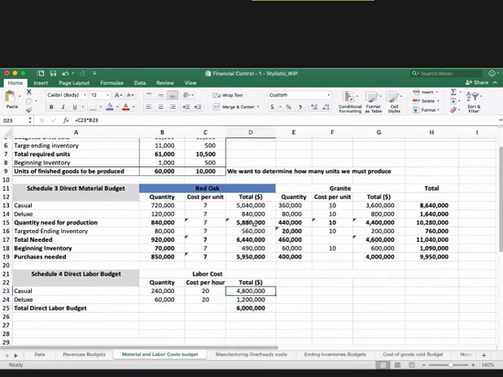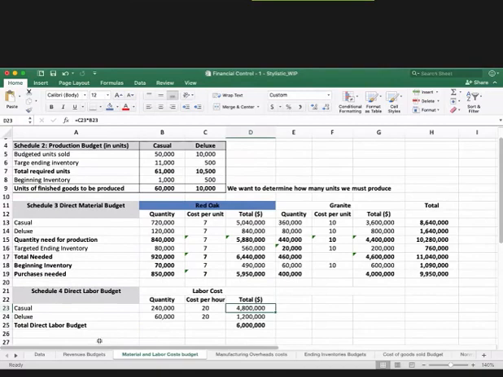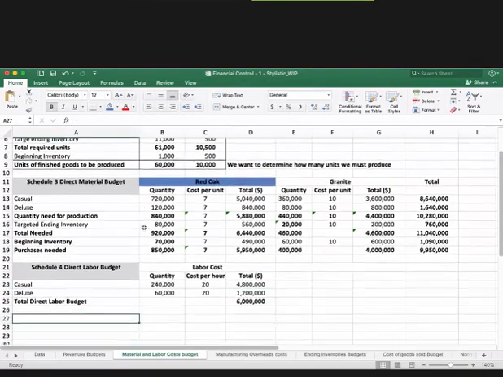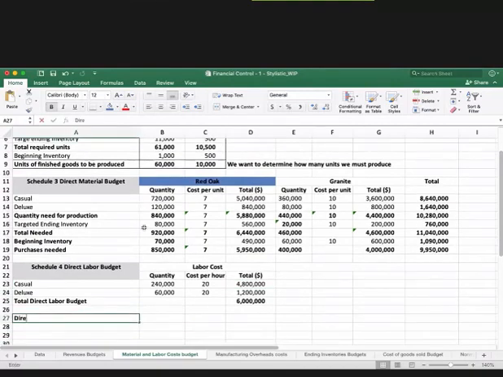So now we have the total budget. Here we are talking about direct cost, and usually for direct cost you have direct material and direct labor. So we know that we get a total budget of 9.95 million for the purchase needed for the direct material.